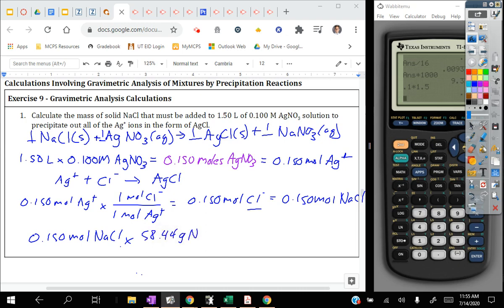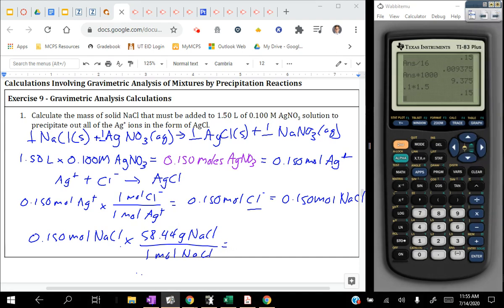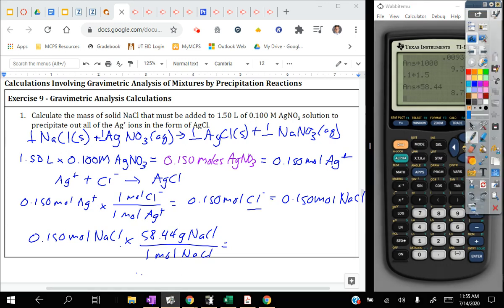So our molar mass of NaCl, 58.44 grams per mole. And then we're going to multiply that to get the mass of 8.766 grams. We have to keep track of our sig figs.